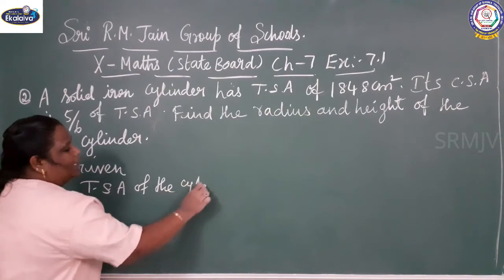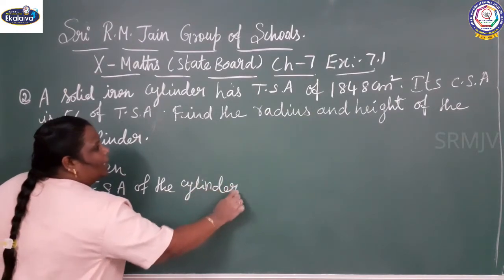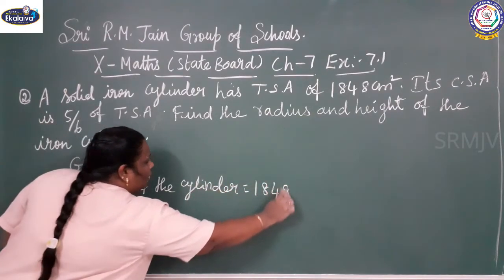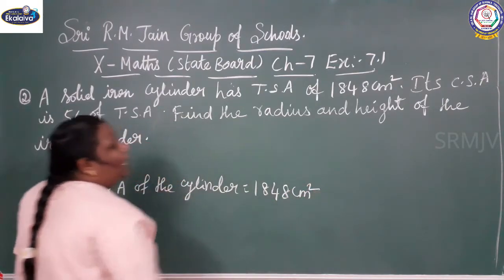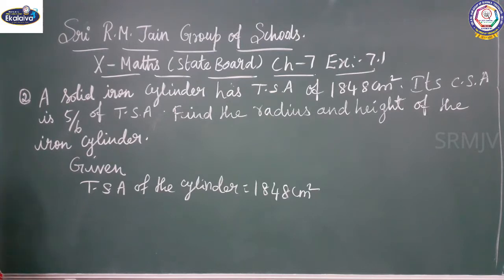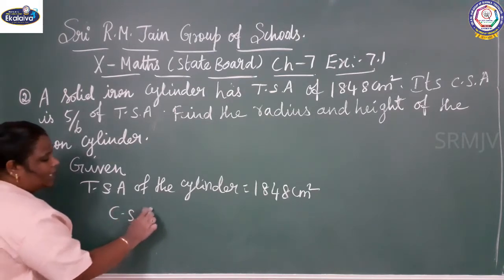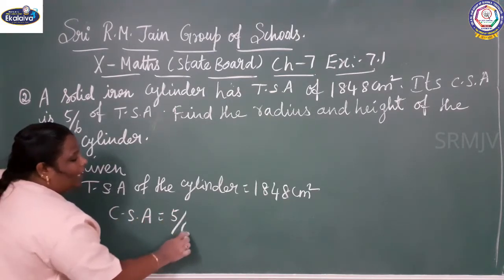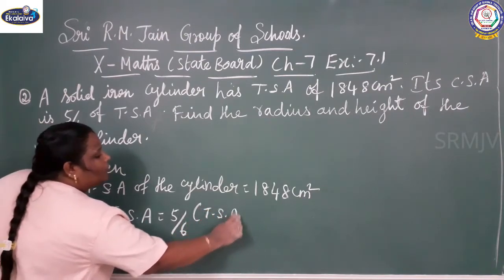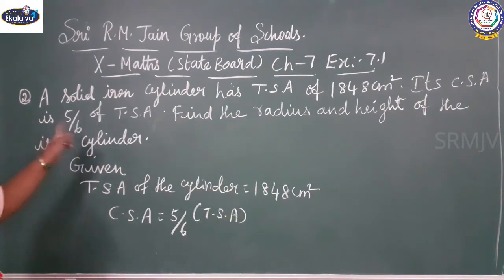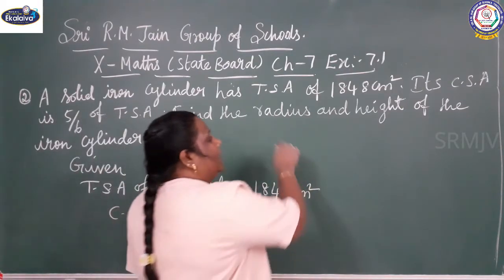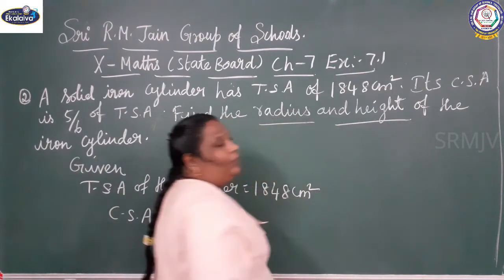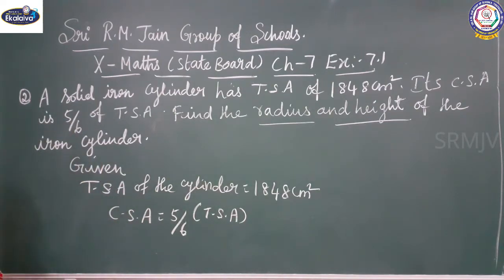Total surface area of the cylinder equal to 1848 centimeter square, and its curved surface area equal to 5 by 6 of the total surface area. Find the radius and height of the cylinder.